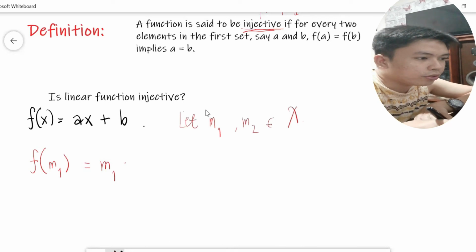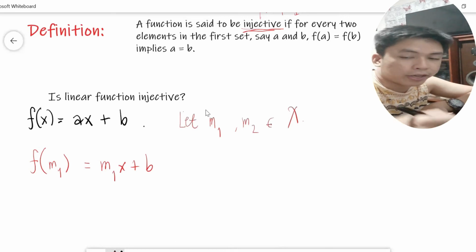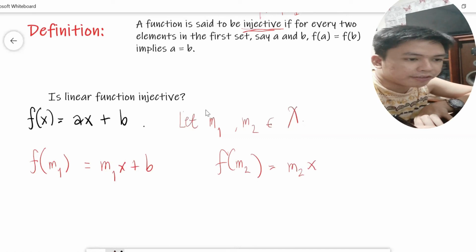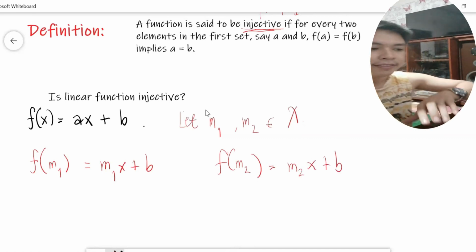So my f of m1 is equal to m1x plus b, and I would also have f of m2, which is m2x plus b. That's it.